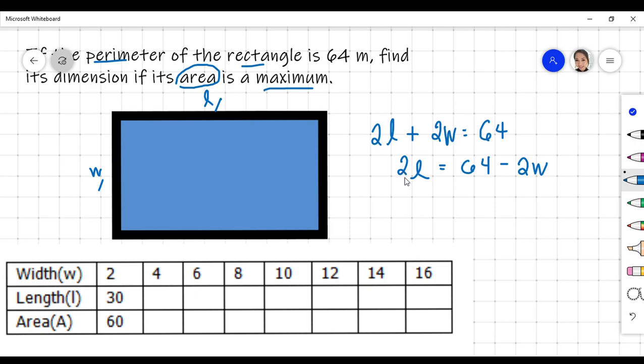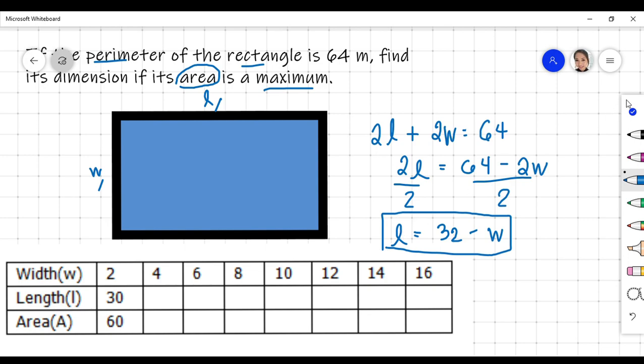And then, for L to be left on the other side, we have to divide both sides by 2. So, L can be found using 32 minus W. So, we will use this formula to find our length.